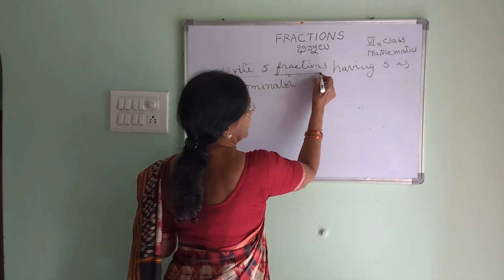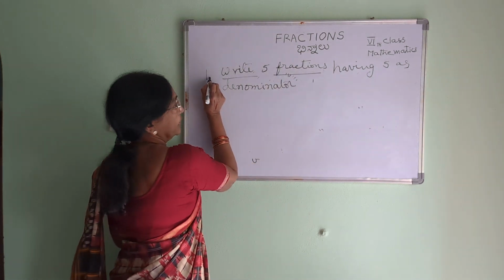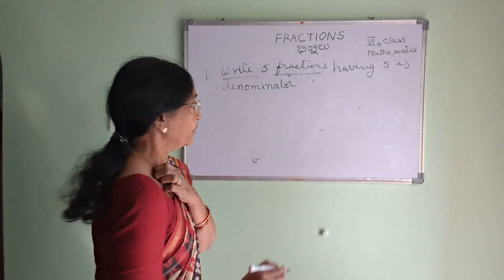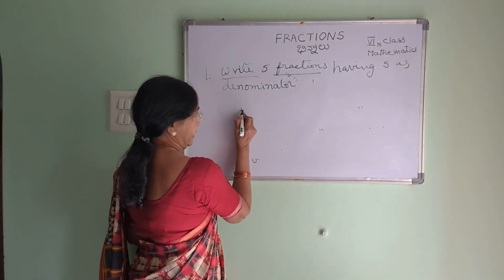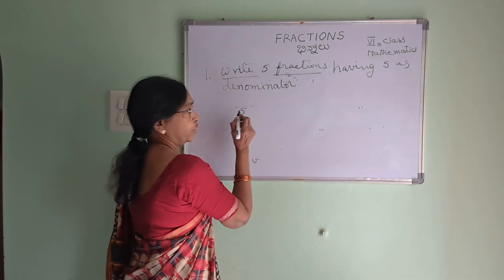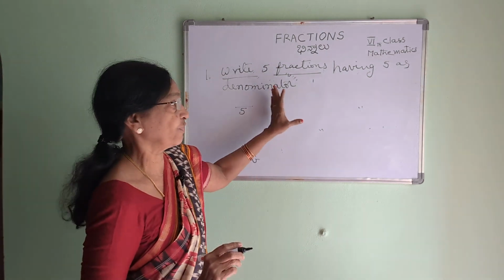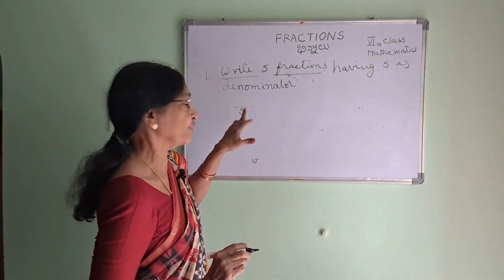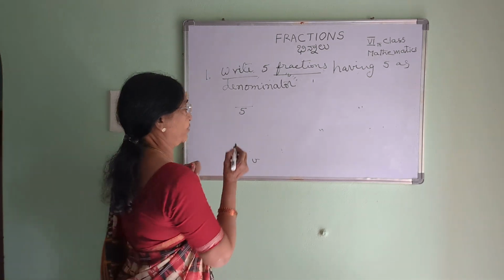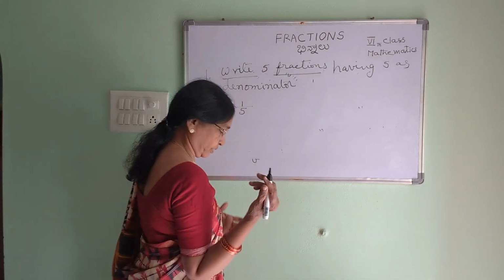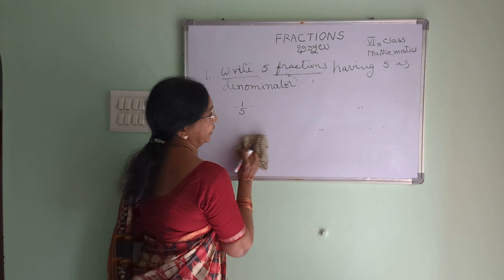So denominator is the number under the horizontal line. All 5 fractions have 5 as denominator. Therefore 5. Numerator, we can write whatever number as numerator.